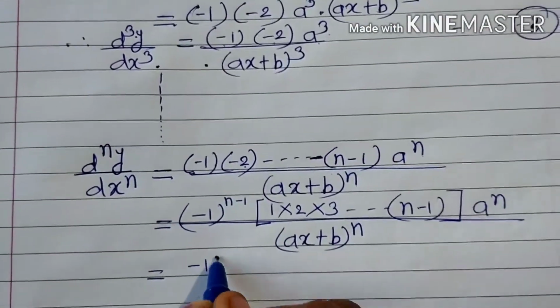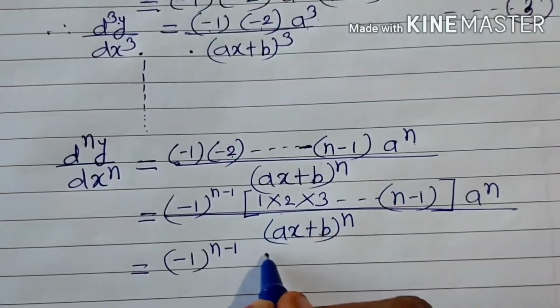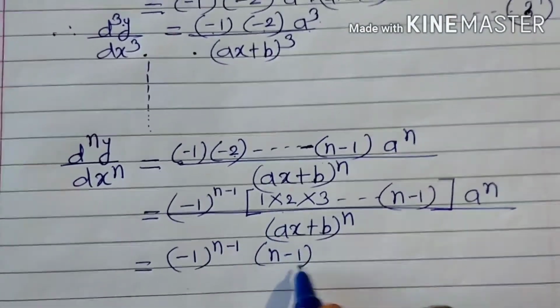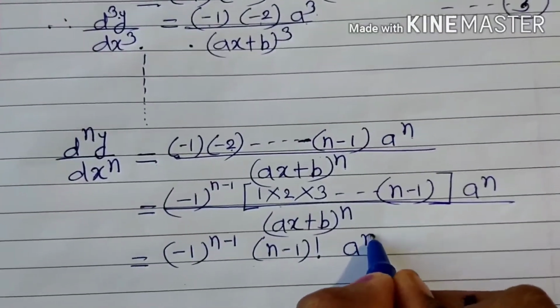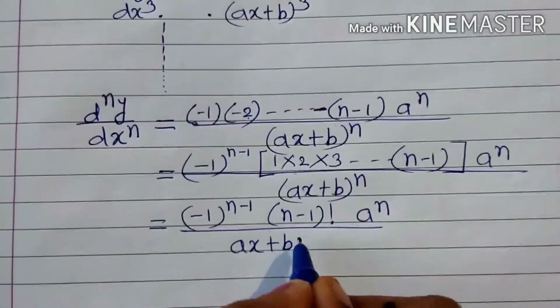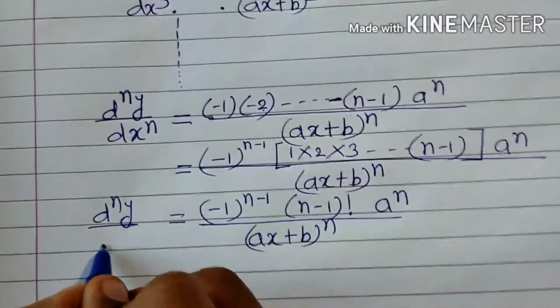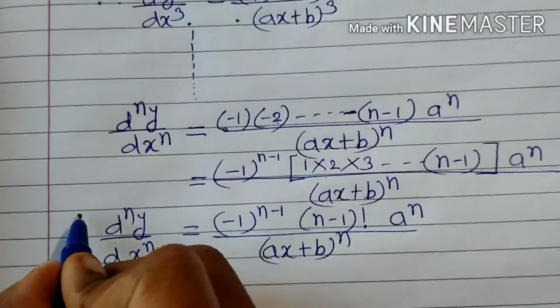So it will become minus 1 raised to n minus 1. We know that it is factorial, which is n minus 1 factorial upon a raised to n and upon ax plus b raised to n. So this is our nth order derivative.